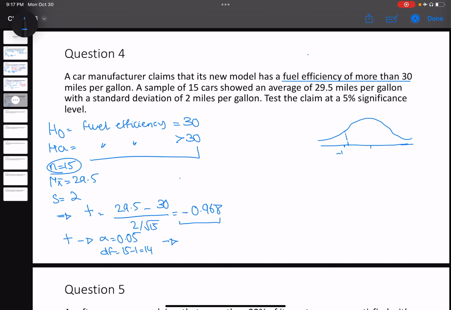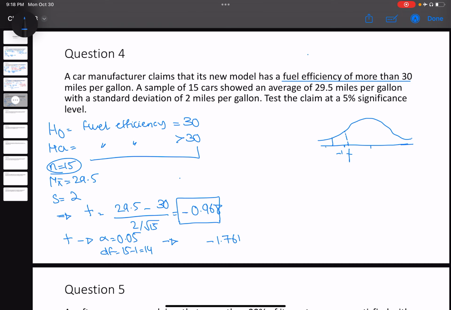T-critical would be -1.761. Here we got the t as this value. This is the t that we calculated, and this is the critical t.